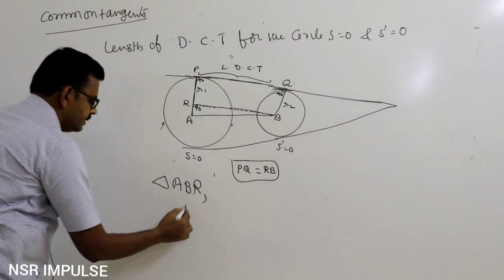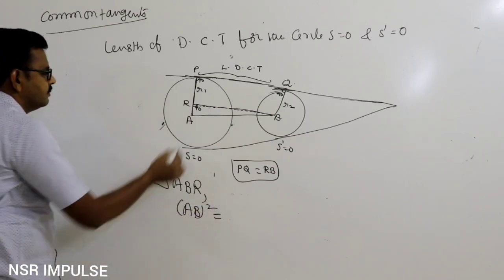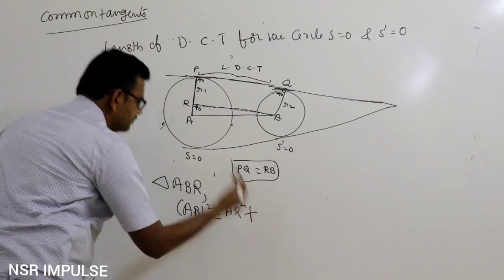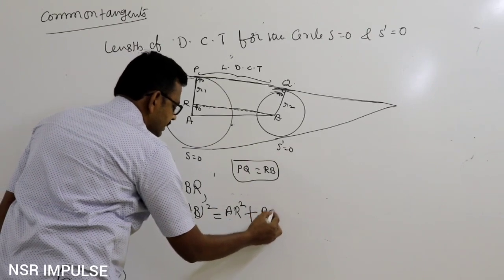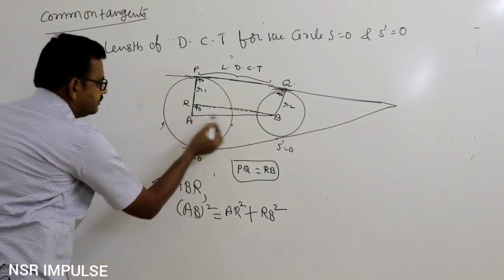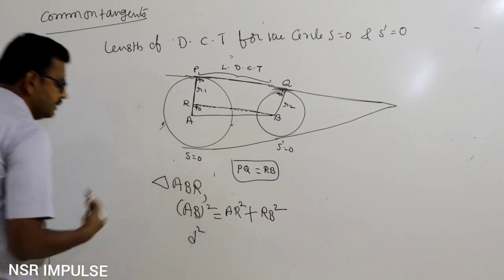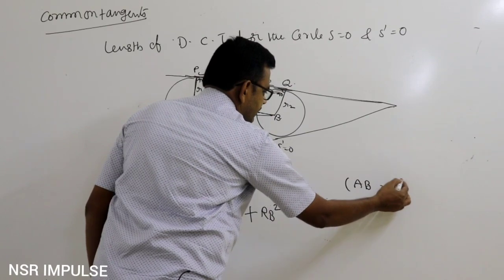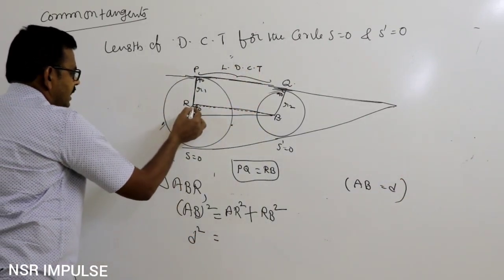Therefore AB square equals AR square plus RB square. Treat the distance between the centers AB as D, so D square equals AR square plus RB square.